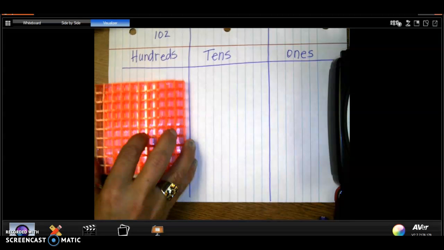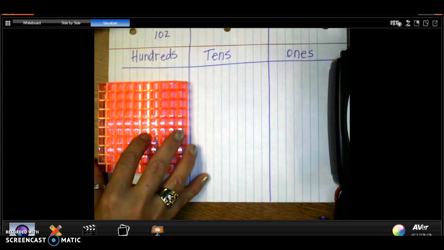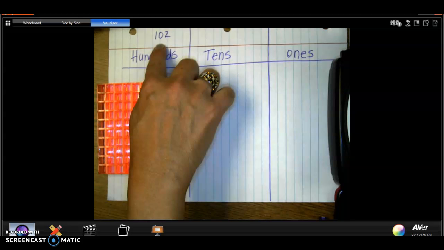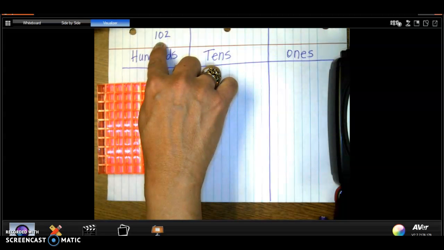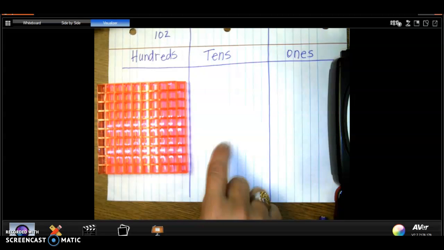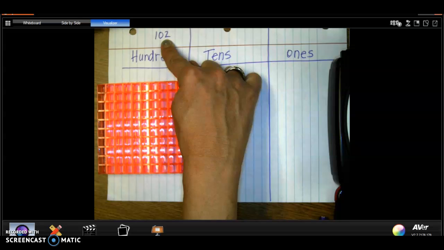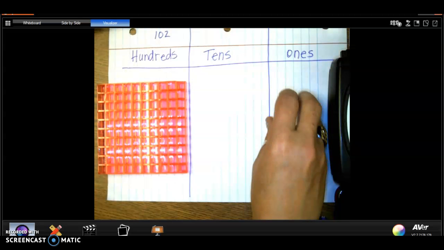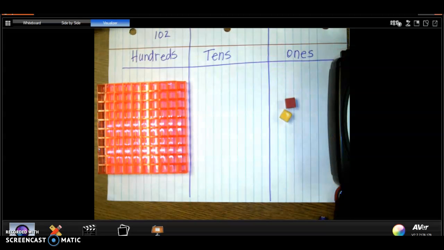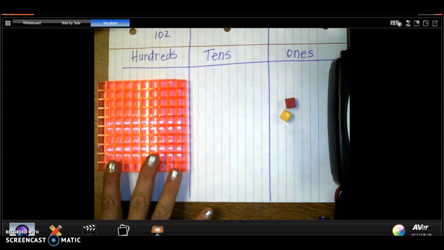So I have 100. This middle number, remember, is your 10s. How many 10s do I have? 0. So I don't have any 10s right there. The last number is your 1s. So how many 1s do I need? 2. Exactly right. So now we're going to say the number again.